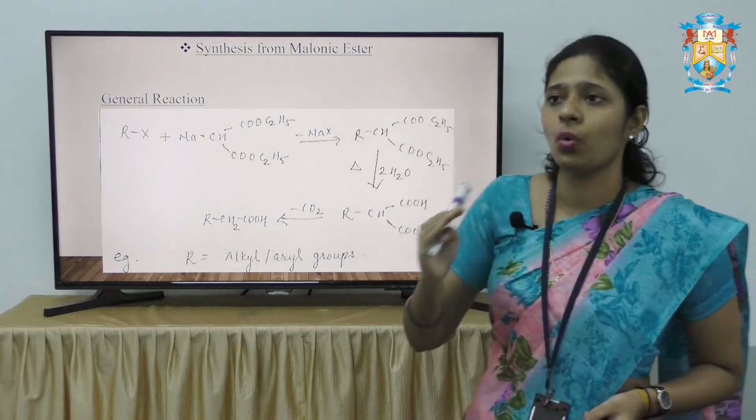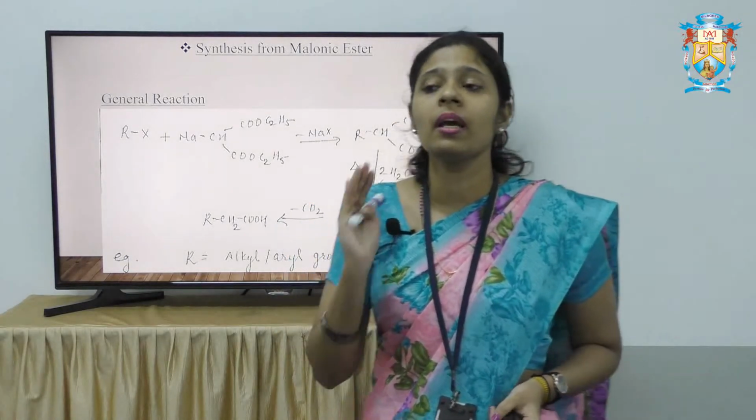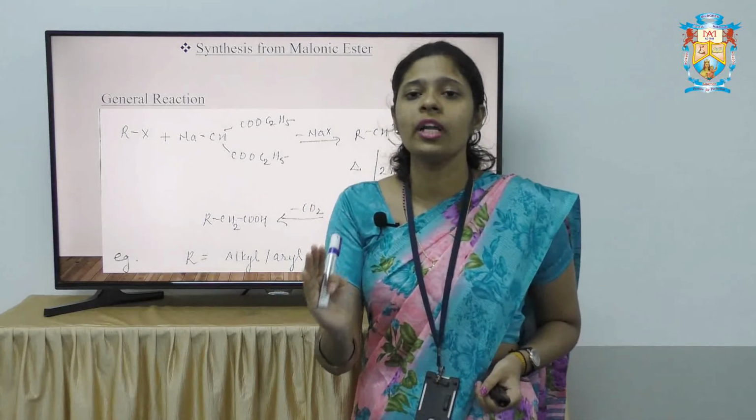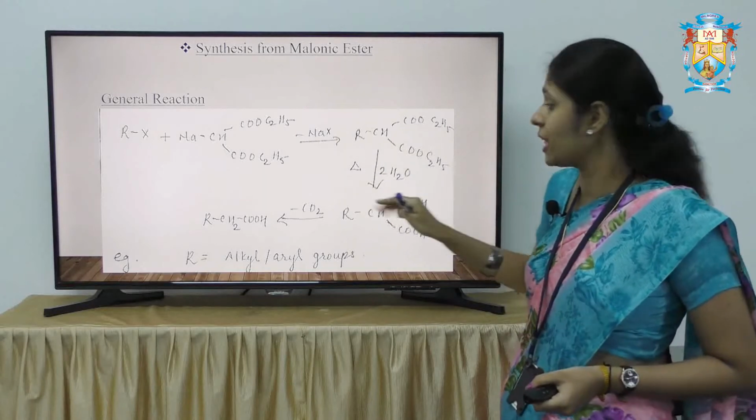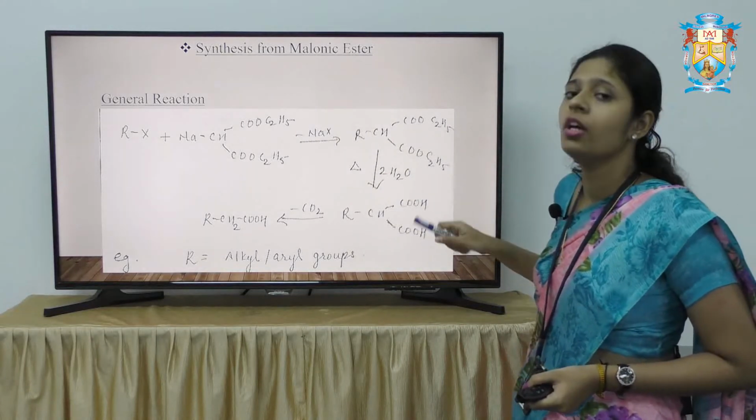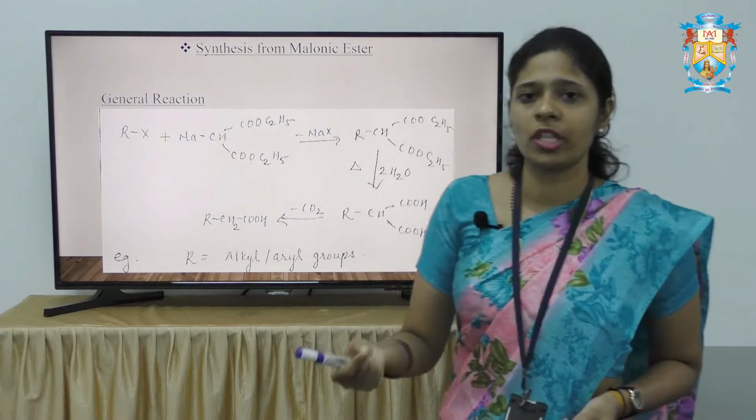And since we know that at the start we were mostly preferring in the preparation only of monocarboxylic acid, and when we are doing this reaction, you can see there are 2 carboxylic acids formed, so it is giving rise to dicarboxylic acid.